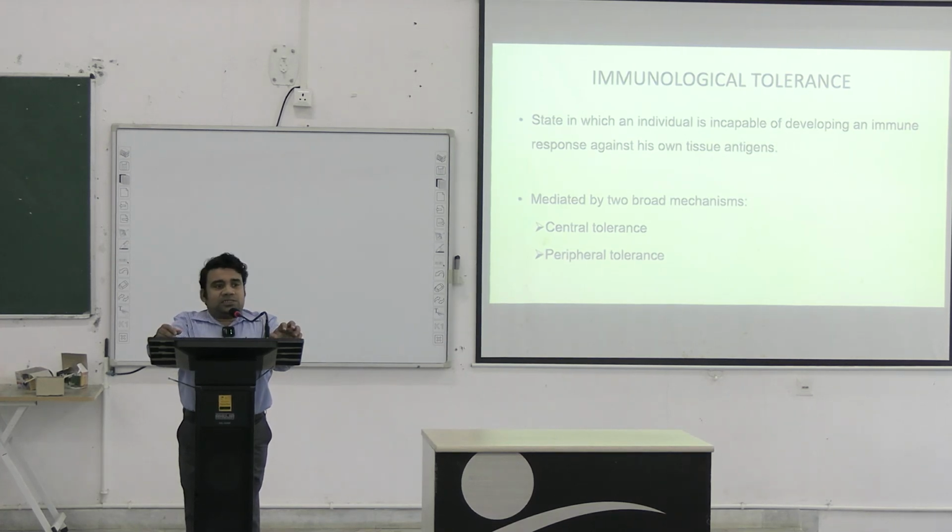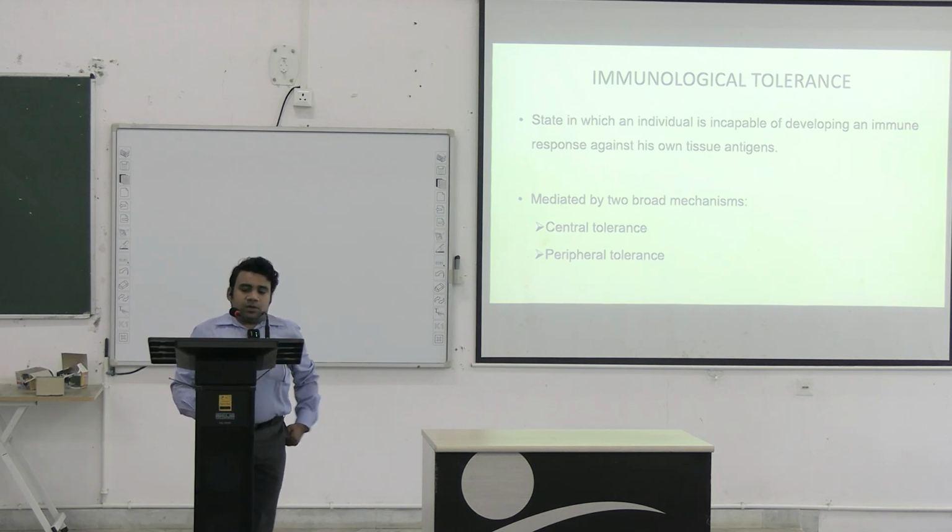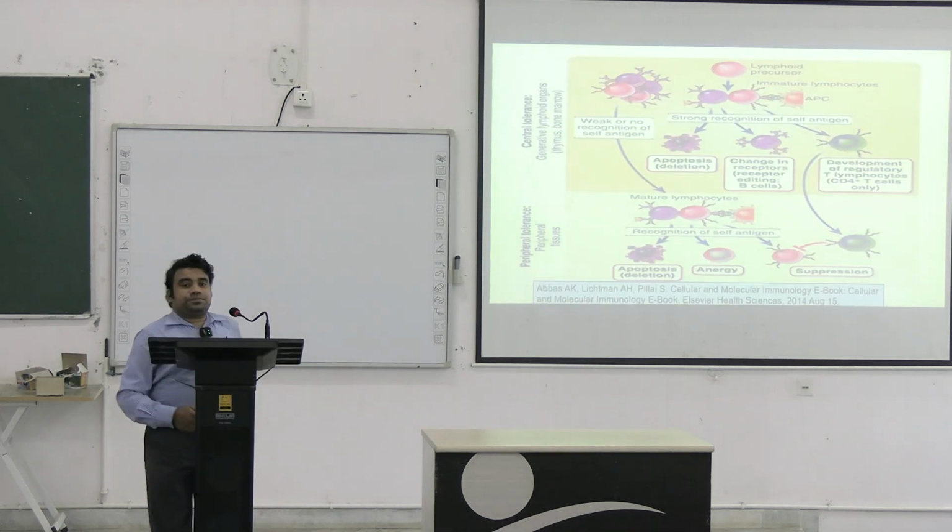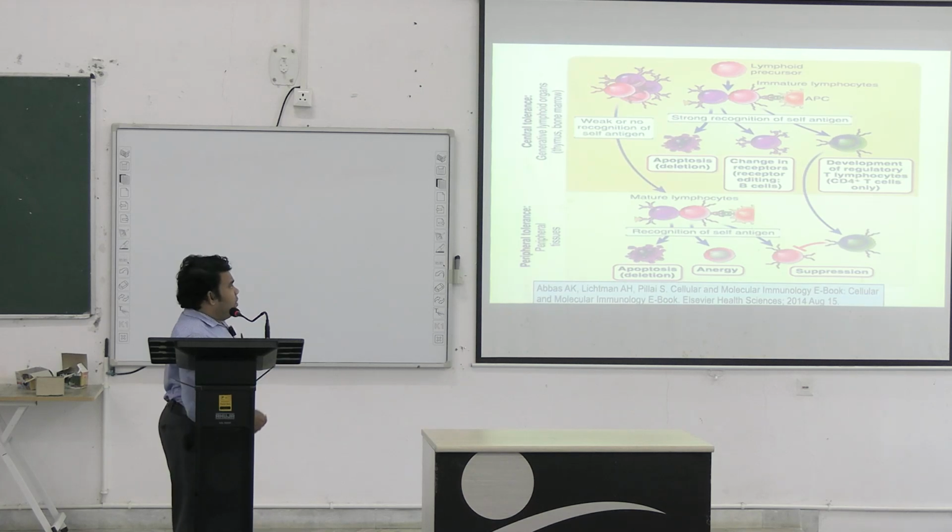So where they originate, if the tolerance activity occurs over there, we call it central tolerance, and if after the cells have developed, some activity occurs for the tolerance, we call it peripheral tolerance. Briefly, we can divide them as central and peripheral tolerance, because central means at the origin and peripheral means at the peripheral tissue.